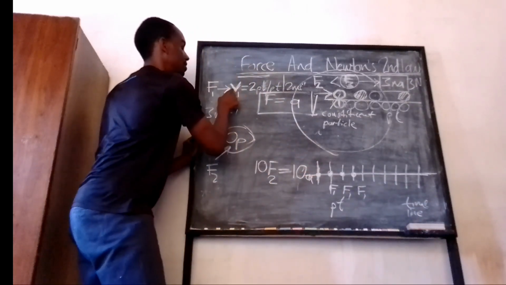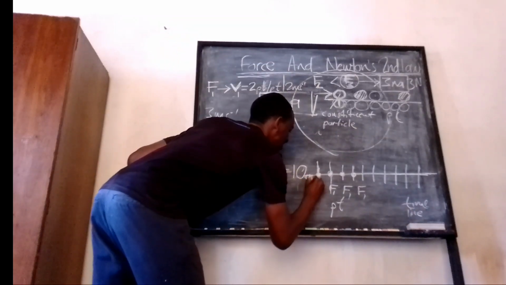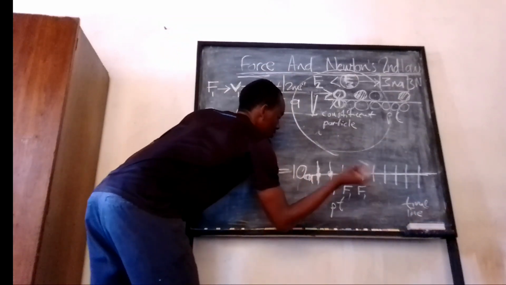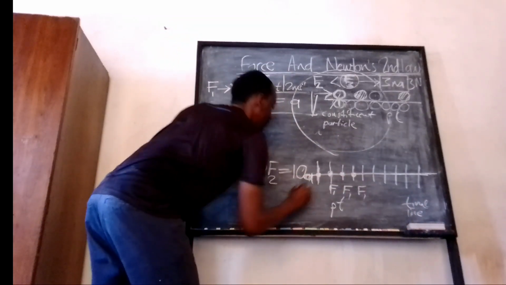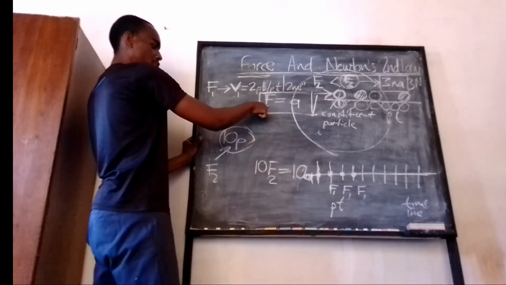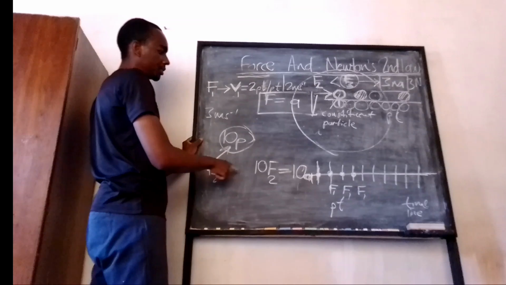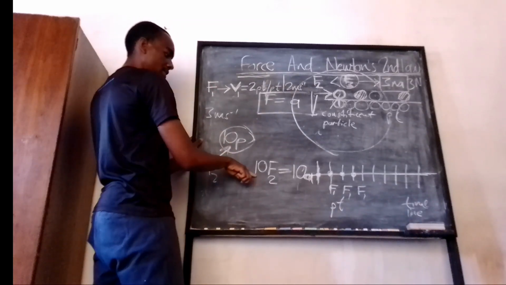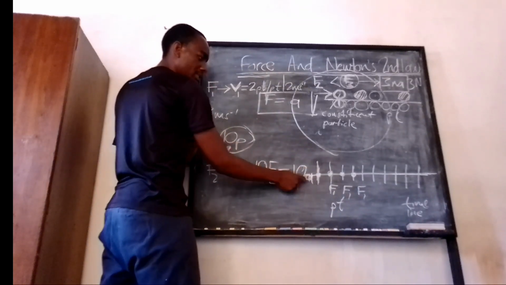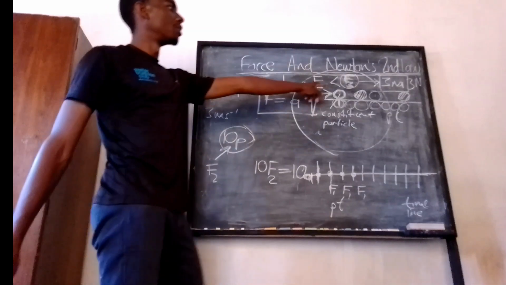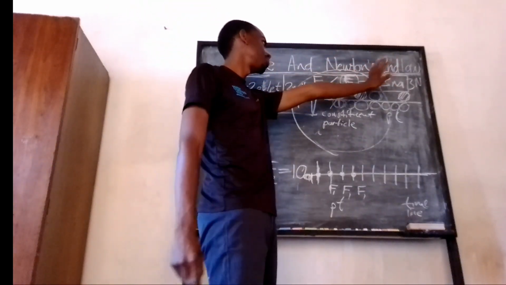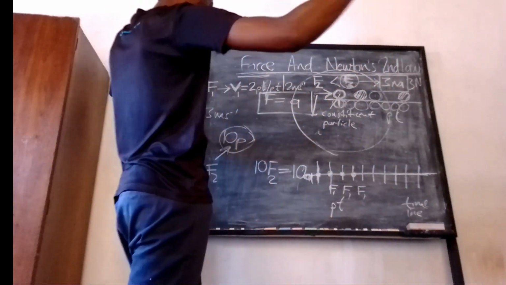Remember I said this is just the acceleration, or the displacement in a single instant, if you will. 10 F2s, 10 forces, because we've got 10 particles, is equal to 10 accelerations. That's okay.